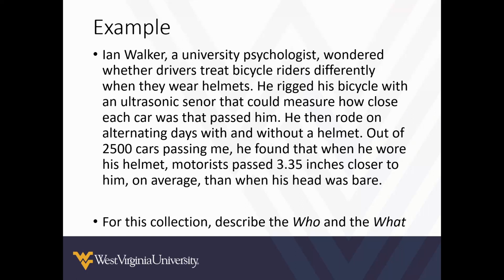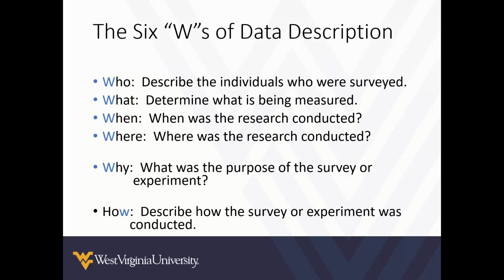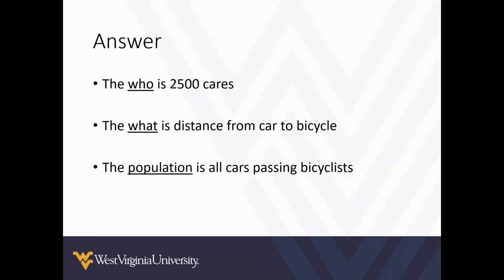For this scenario, we wanted to describe the who and the what. Just a review, who describes the individuals who are studied, and what determines what is being measured. In this case, the who is the 2,500 cars.